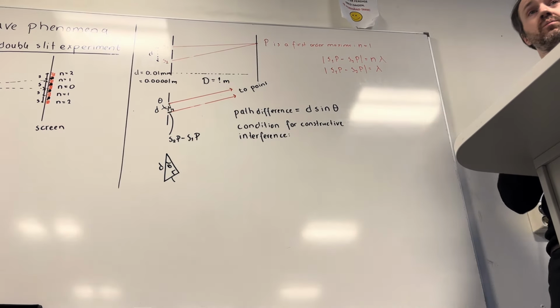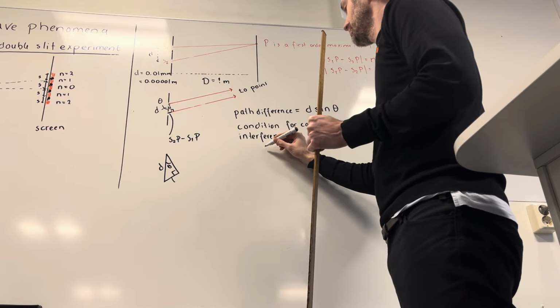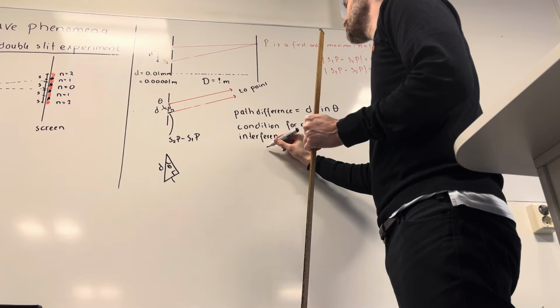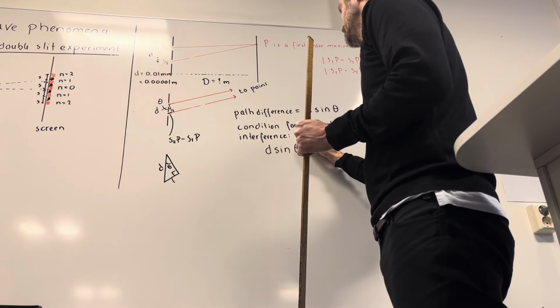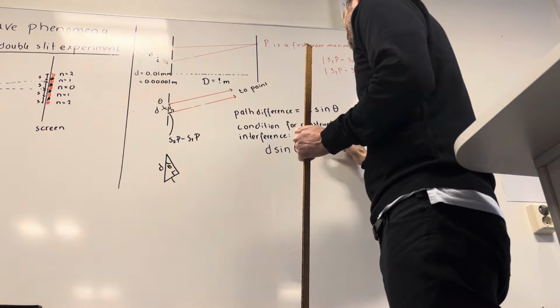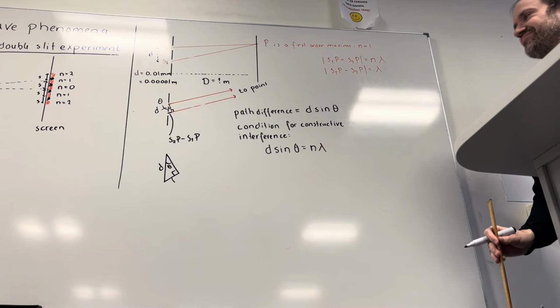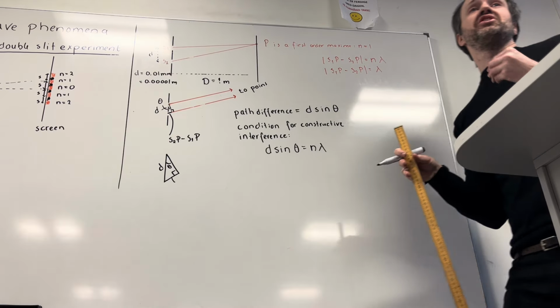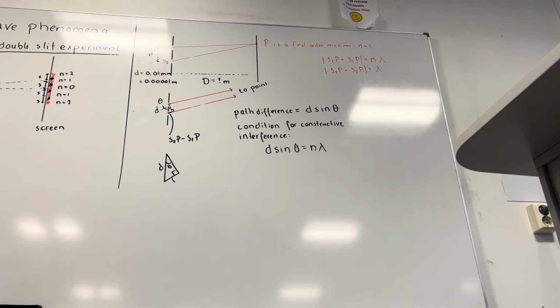Would it then be n lambda equals d sine theta? Almost. D sine theta equal to n lambda, the opposite way. Yeah, you're right. So that will be the condition for constructive interference. So that's the HL formula for constructive interference.